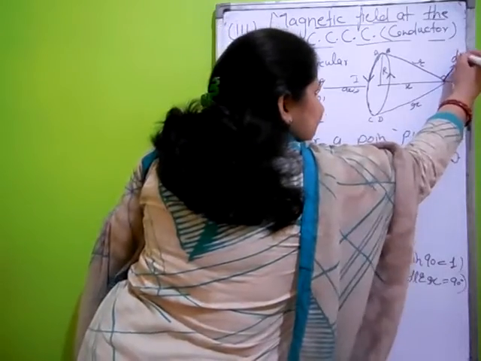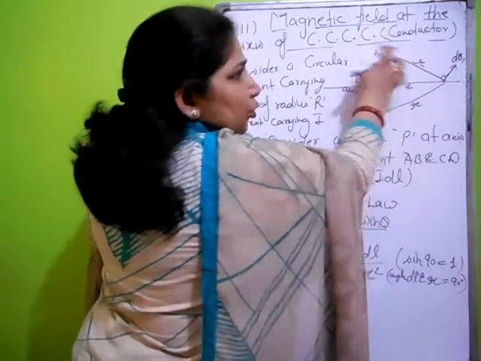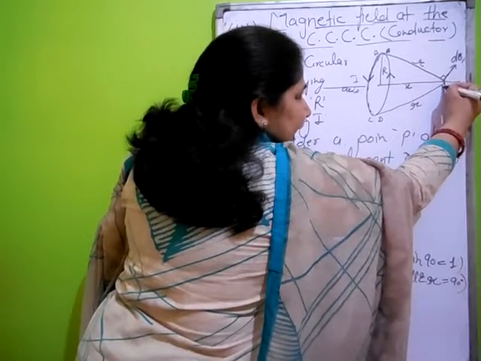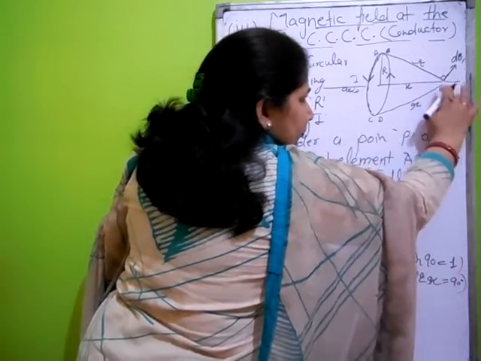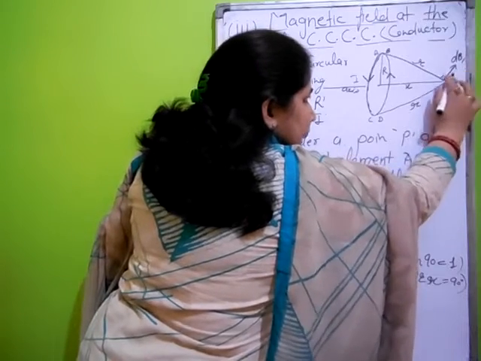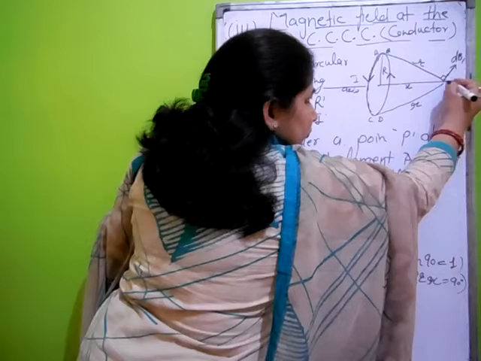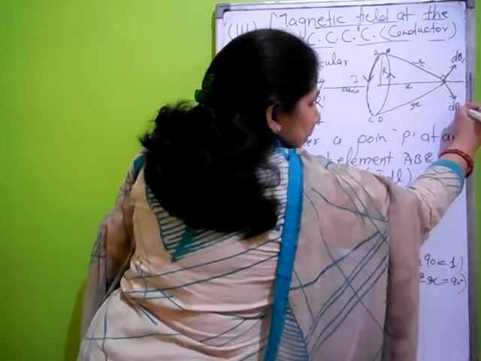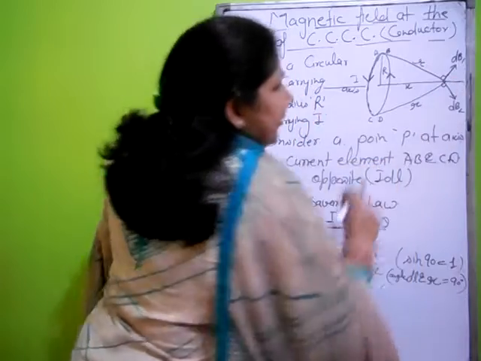This is dB1 due to AB, and this is dB2 at 90 degrees.